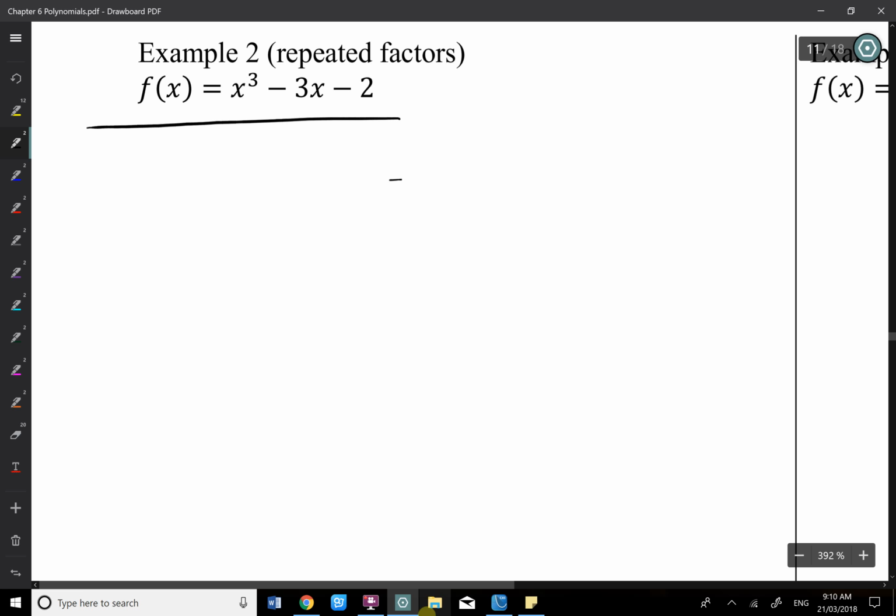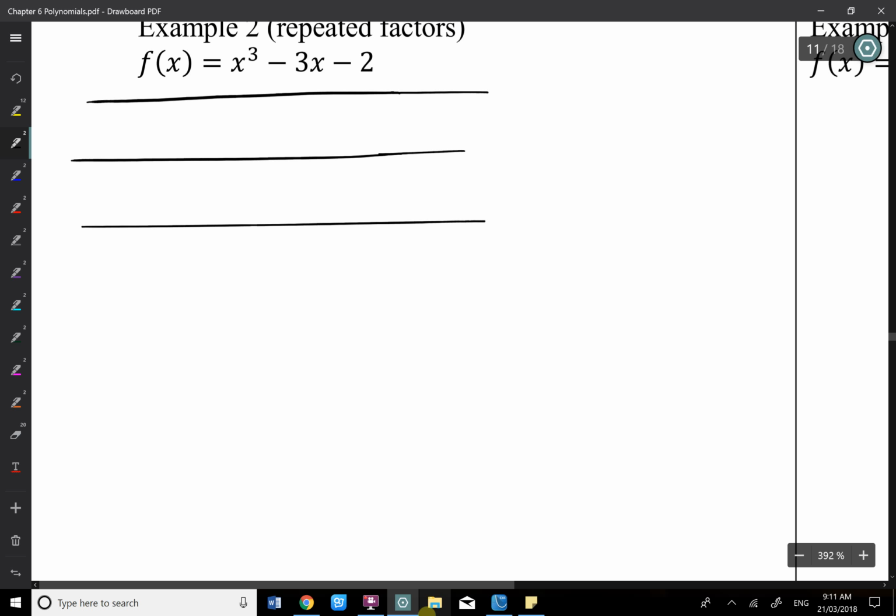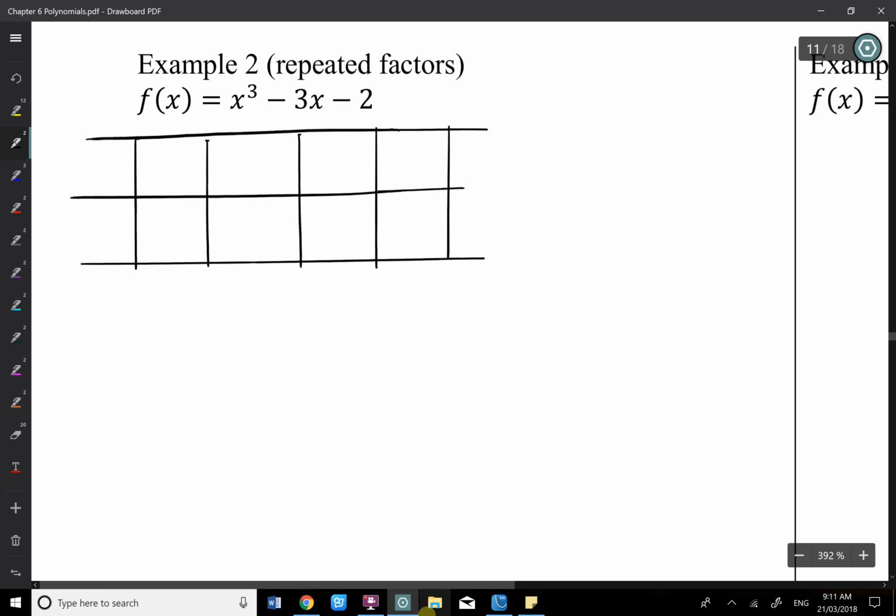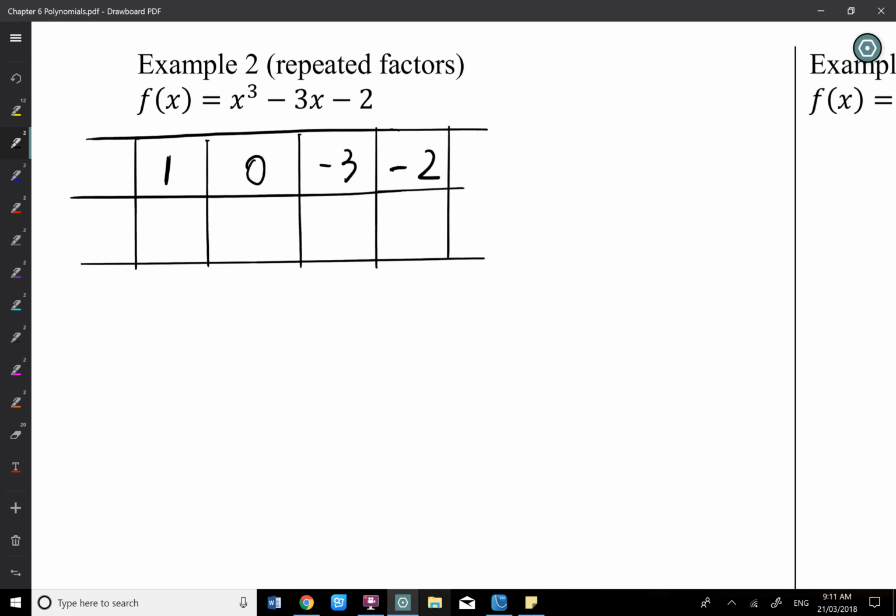What should I write in this box? 1, 2, 3, 4. What's the first one? 1, 0, negative 3, and negative 2. We must have the 0 there. If you don't have the 0, you can't factorize it.